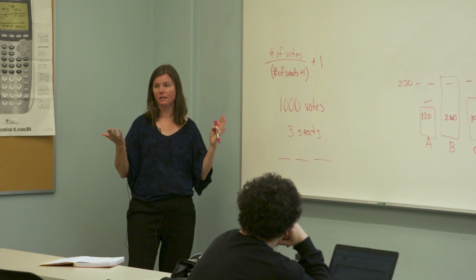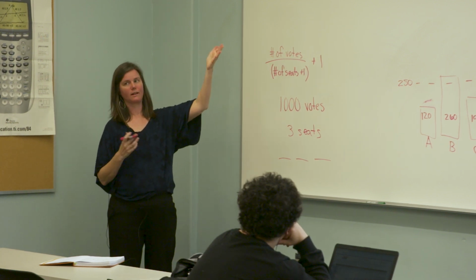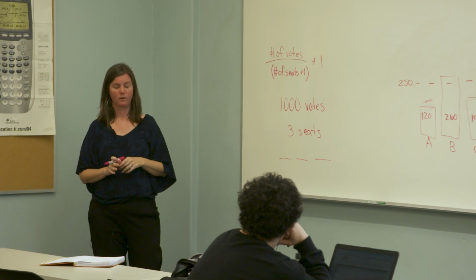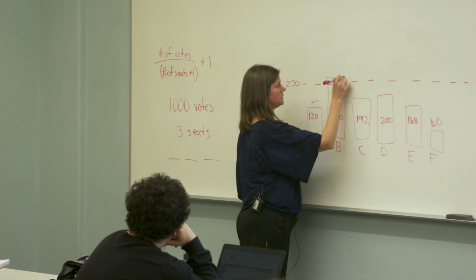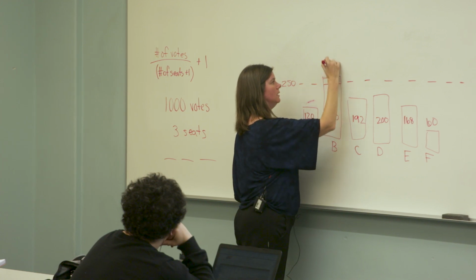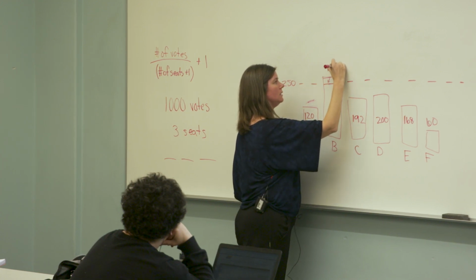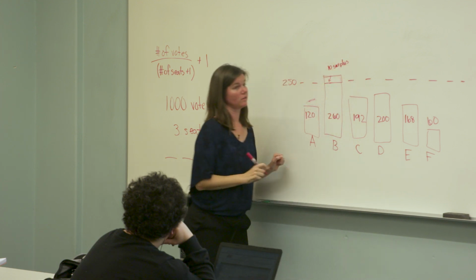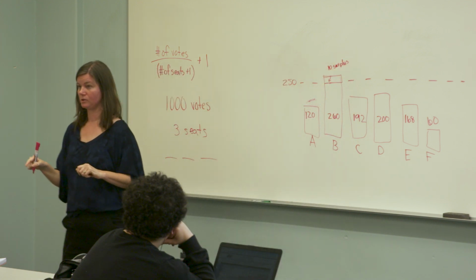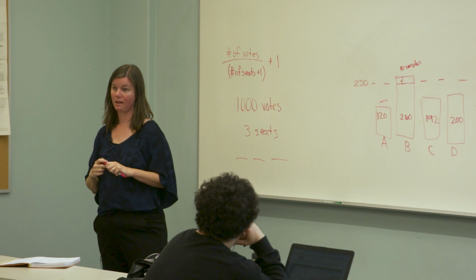If you have a bunch of extra seats, they're not helping anyone win. So I take these 10 surplus, and I'm going to go to their second choice vote, just like we do with ranked choice voting.